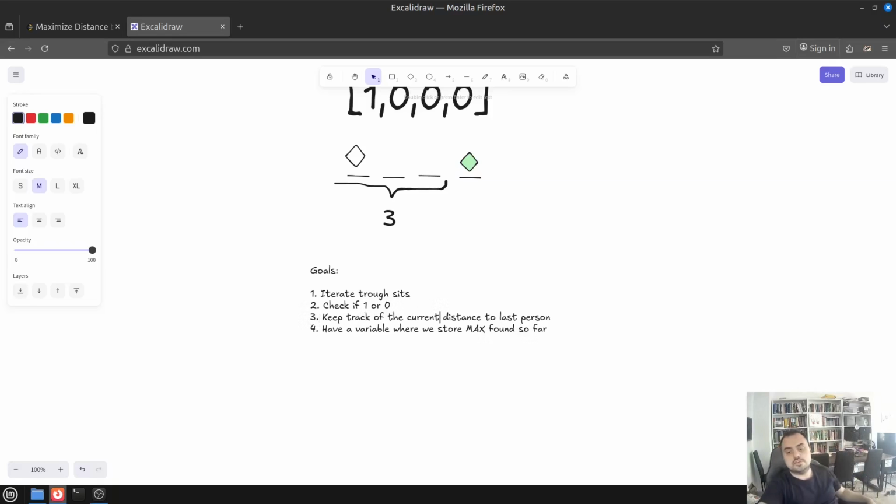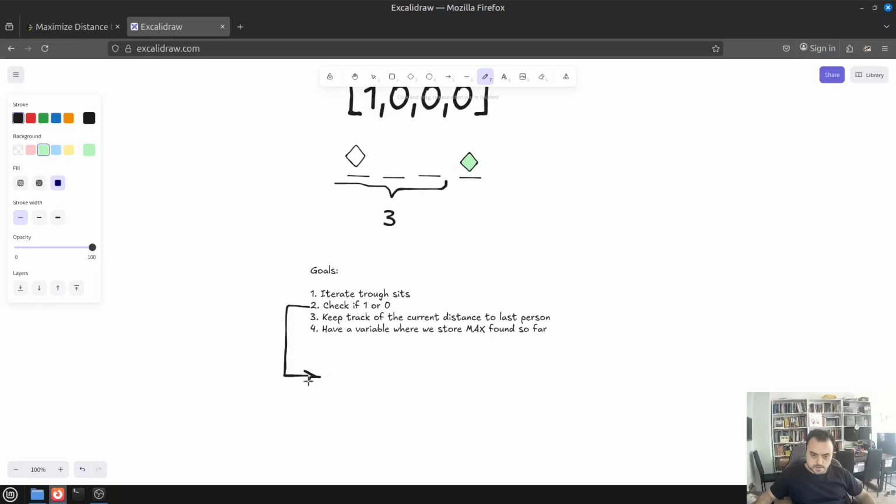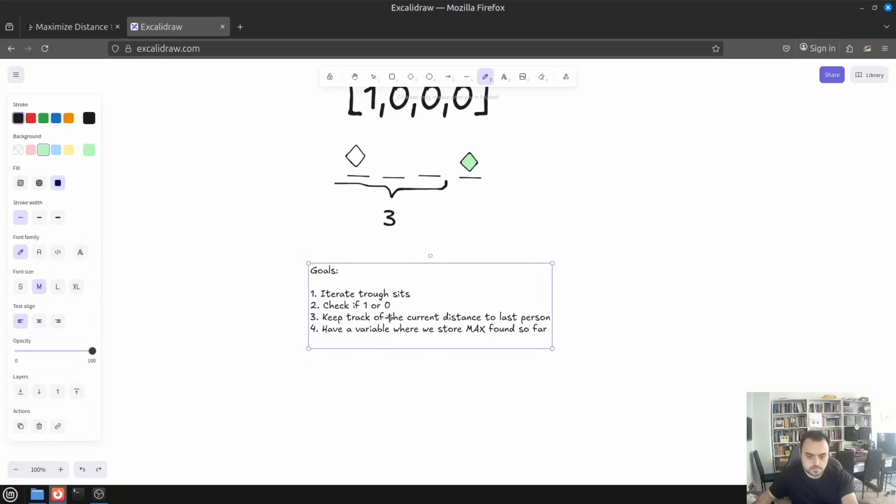If it's 1, then we have to reset our current distance, and if it's 0, then we can update it. So we can even write it like this, that here we have two options. Or maybe the other way.